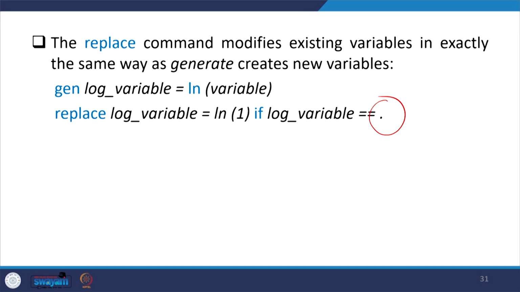That you can replace with log 1. So replace the log variable where some missing values are there; we have changed this to log 1. That can replace your value.